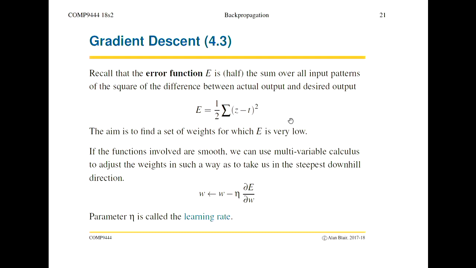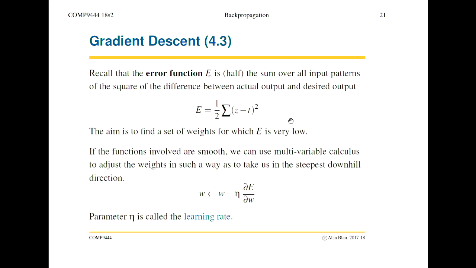There are 2 ways to look at this. One is the geometric way I mentioned. If I make a change to each weight proportional to the partial derivative with respect to that weight, that guarantees that I'm going downhill in the steepest downhill direction.